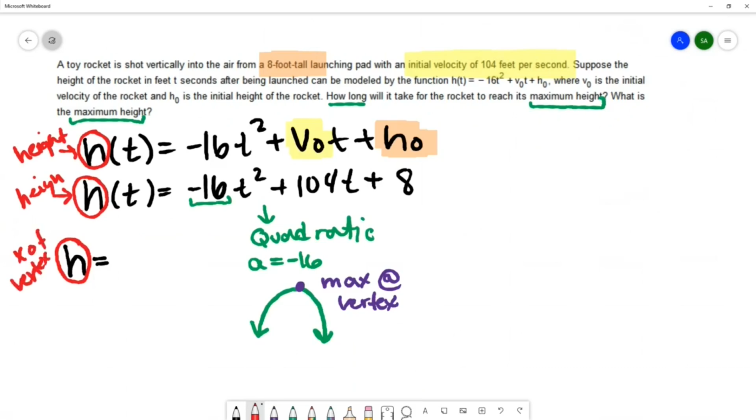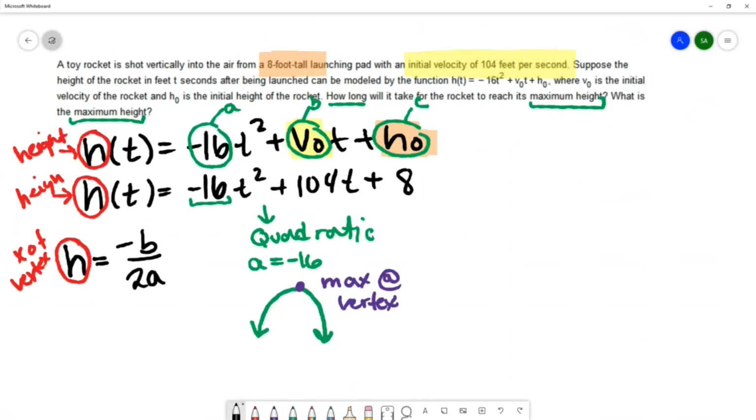Okay, so just wanted to label that so there was no confusion later. So the vertex formula is negative b over 2a. A is the coefficient of the squared term, b is the coefficient of the linear term, and c is the constant.